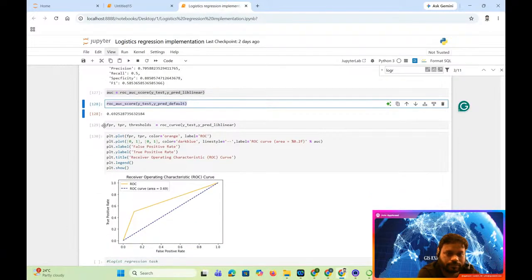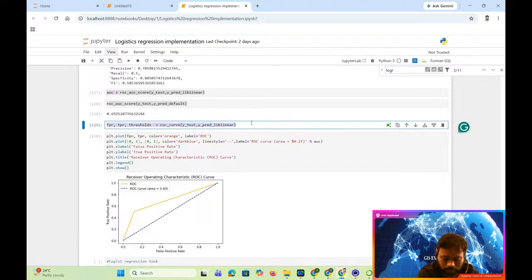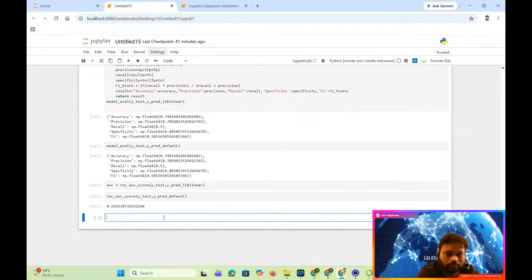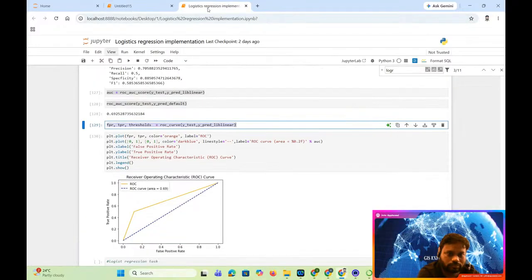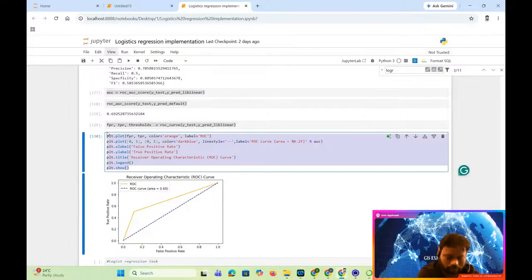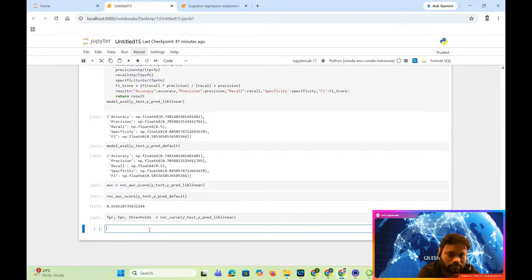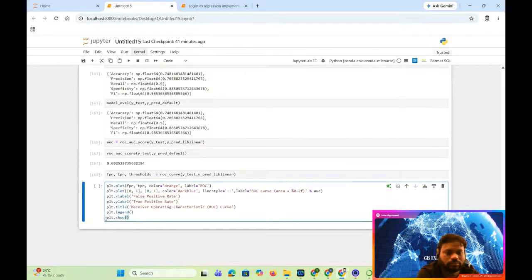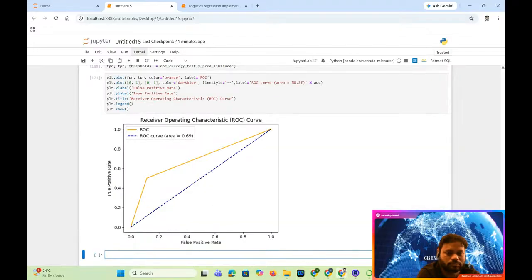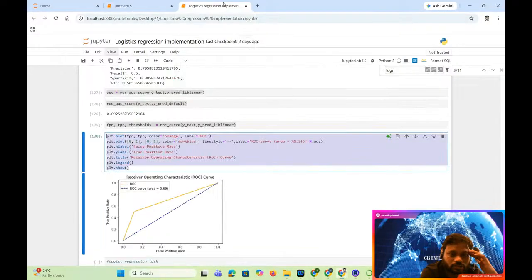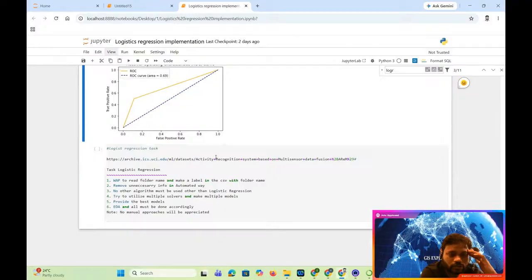Okay. Now ROC this, ROC curve area this one, and ROC is this. So false positive rate, true positive rate, and this is the receiver operating characteristics. And see these things. So this is the overall for your logistic regression.